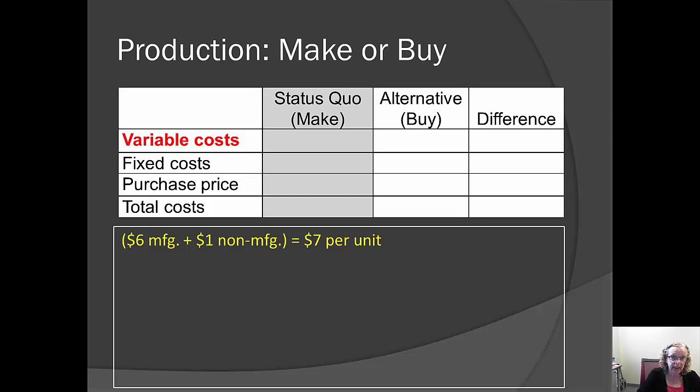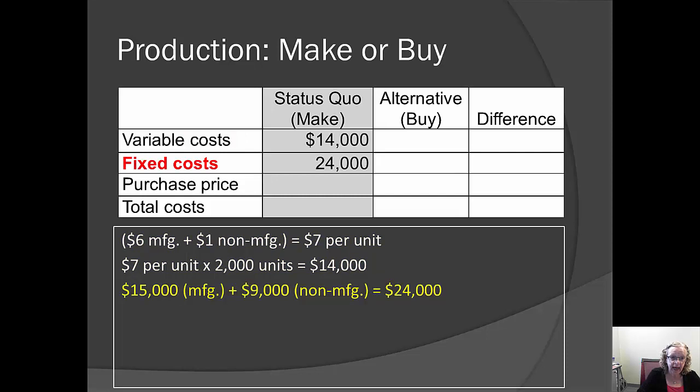Since the firm needs 2,000 of these parts each period, they are spending $14,000 on variable costs to make the part. In addition, they have $15,000 of fixed manufacturing cost and $9,000 of fixed non-manufacturing costs for a total of $24,000.